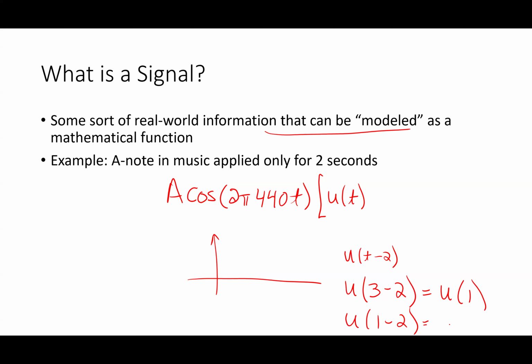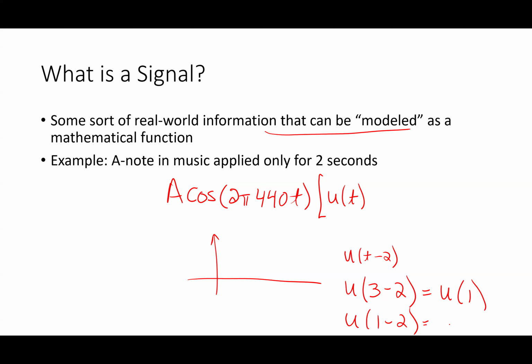So u of negative 1 is supposed to be 0. This guy is supposed to be 1. So what happens if I have t minus 2? It'll start at 2. I've got a shift. So one way I can write this is actually u of t minus u of t minus 2. That would be one way. That would be something that lasts for 2 seconds.